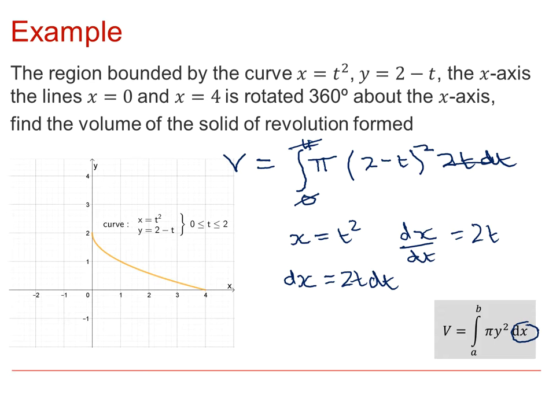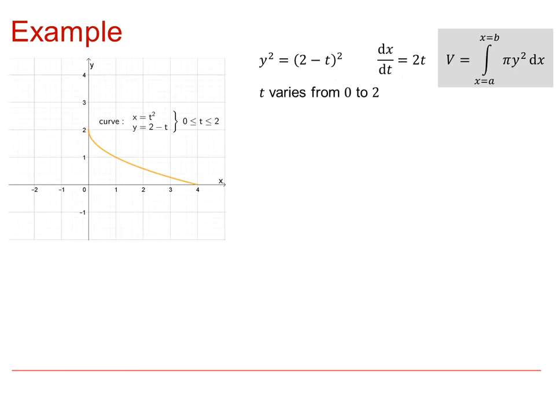We now are integrating with respect to t, and we know, as we were told, that t was actually between 0 and 2. So we're going to integrate with respect to t.